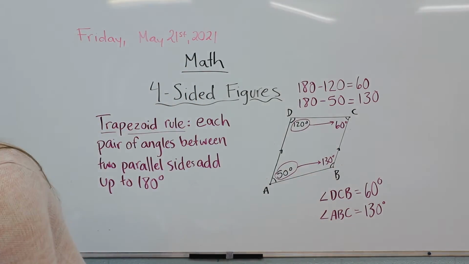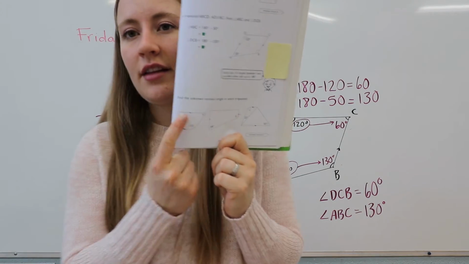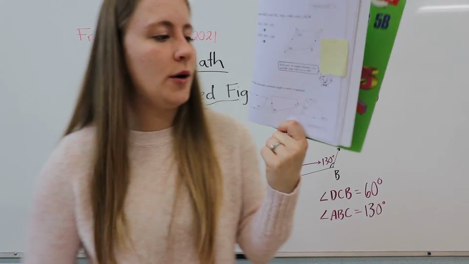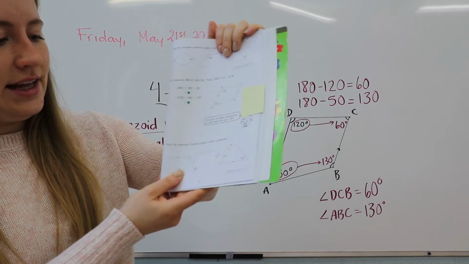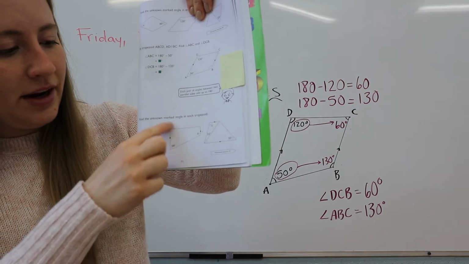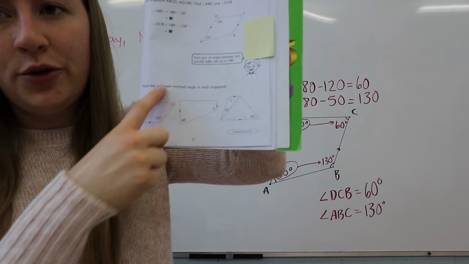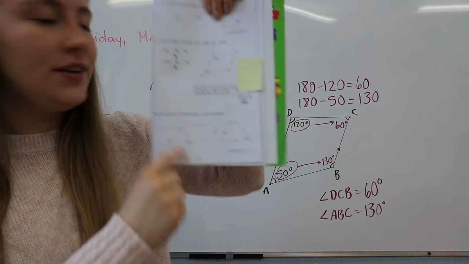So let's have a look a little bit further in our textbook. We're going to look at question 6 together. We've got 3 trapezoids here that we are going to find the unknown angles for. So A, we can see we've got our parallel lines here, and the pair of angles helpfully have just been labeled as the only 2 angles. So these form the pair. And the bottom one is 125 degrees, and so we have to find the other one.